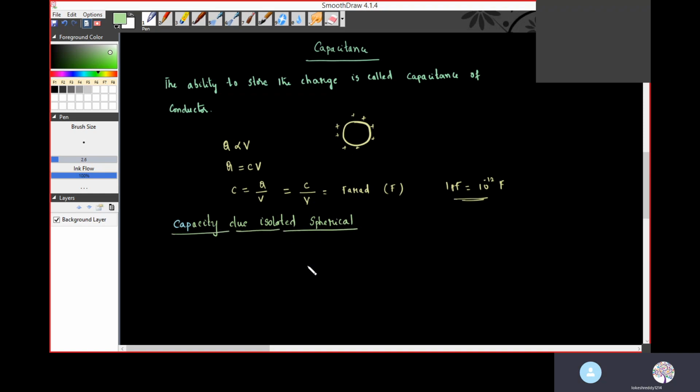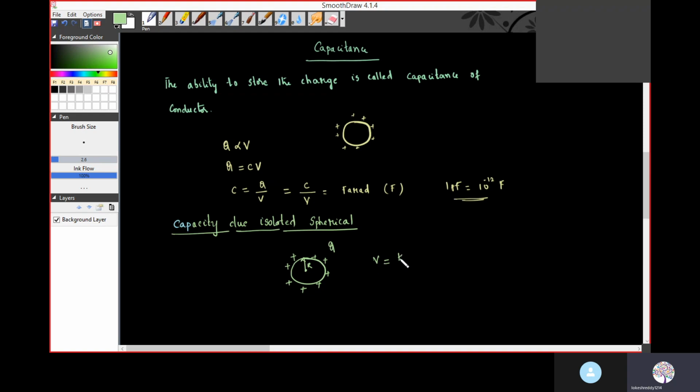Let us take one sphere. Radius is R, and the charge is Q. Then what is the potential?